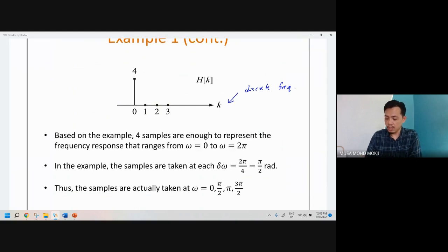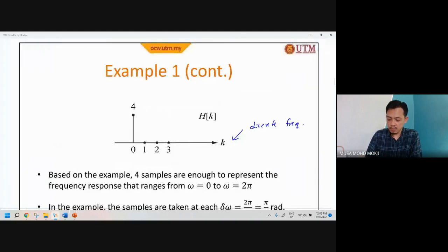And of course, we can also plot this in terms of omega. If you want to plot it based on omega, because we have done that, this is actually 0, pi over 2, pi, 3 pi over 2. This is 4, and then 0, 0, 0. So this is what we have.